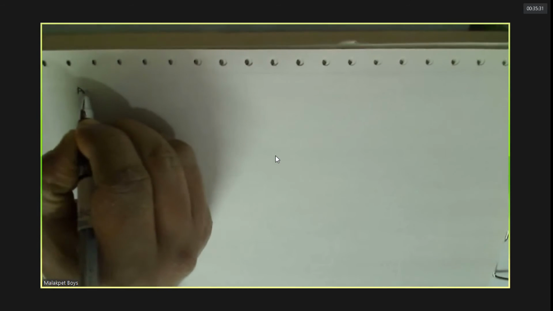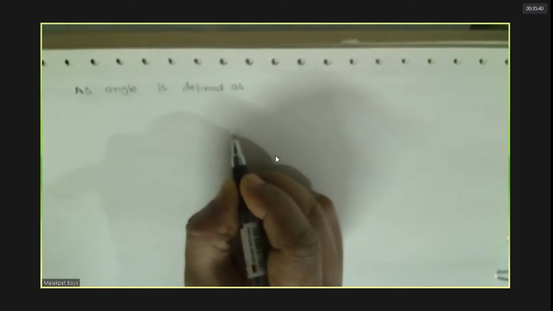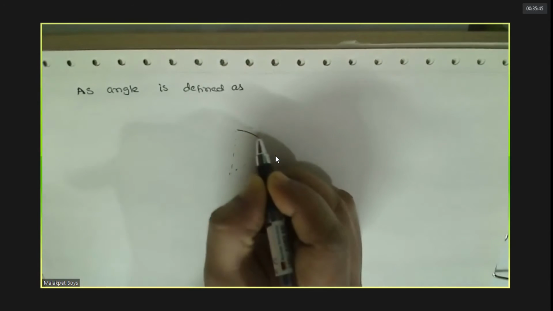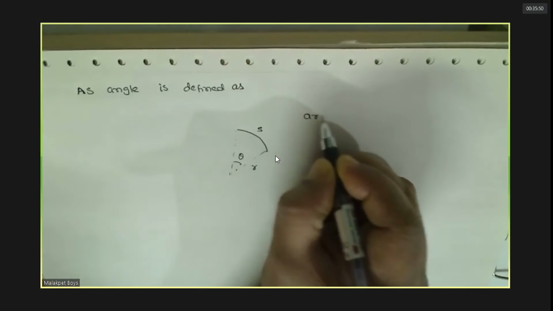Right. See here. Actually, how do you define angle? Arc length by radius, no?